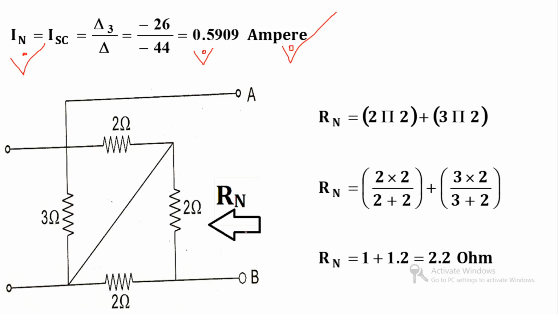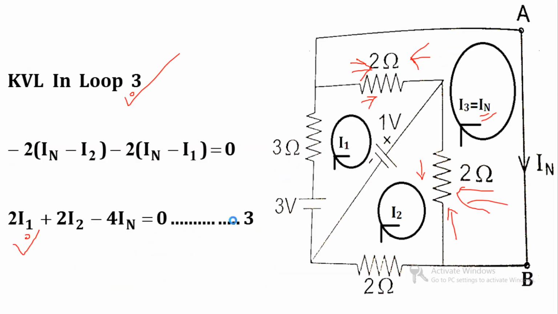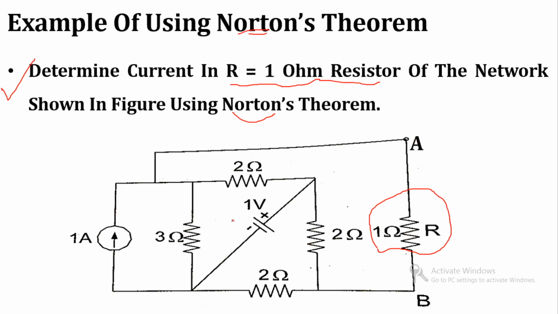Now the next step is to find the value of Norton's resistance. To find it, we have to remove all the voltage sources and all the current sources. In my basic example, only two sources will be there: this is the 1 ampere current source and this is the 1 volt voltage source.